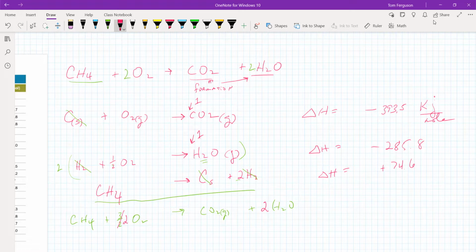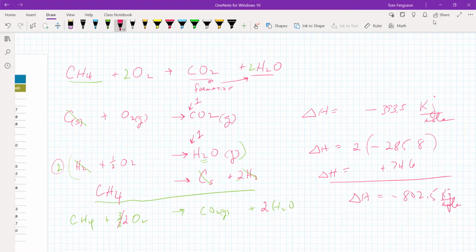Now, notice here we have a 2 there. That means this is going to be multiplied by 2. Okay, so we add these up, and we're going to end up with kilojoules per mole.